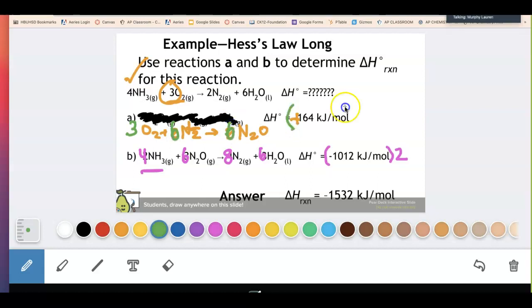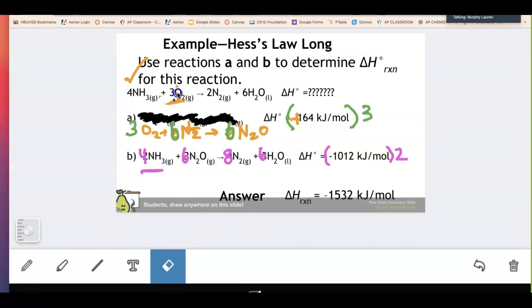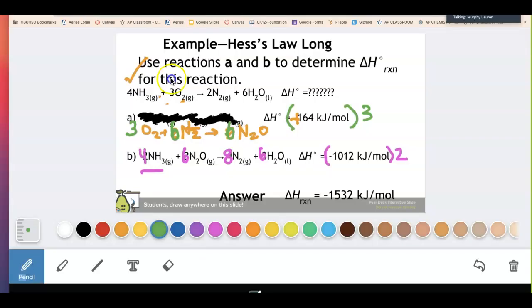And then don't forget to multiply this by 3. So my oxygen is handled now. I have 4 ammonias. I have 3 oxygens.